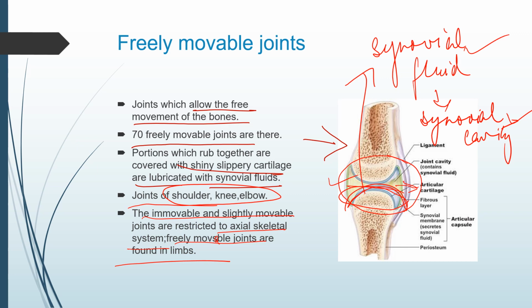So the axial skeletal system mainly has the immovable and the slightly movable joints, and the appendicular skeletal system has the freely movable joints. So the knee, the shoulder, the elbow, all are under the appendicular skeletal system.